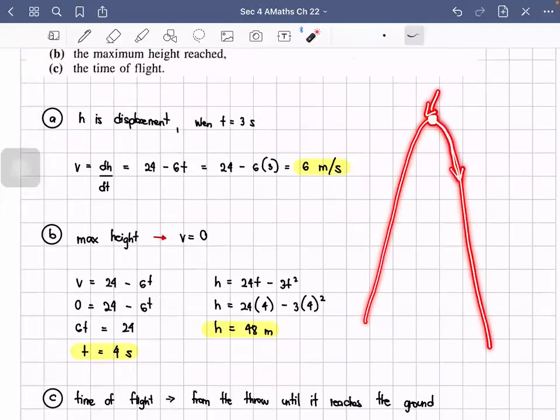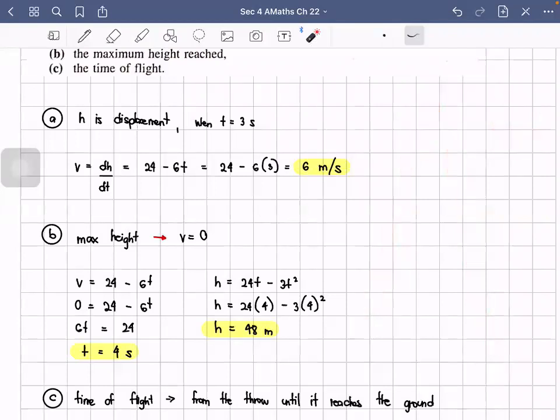That means that reaching its maximum height is also the same as having it instantaneously at rest, because it turned around at its maximum height. So for that maximum height, velocity equals 0. Using the velocity function here, velocity is now 0.